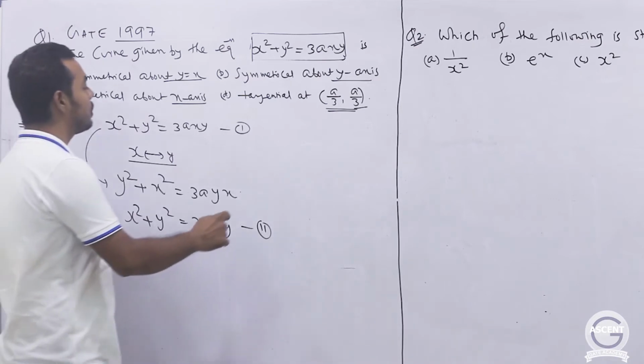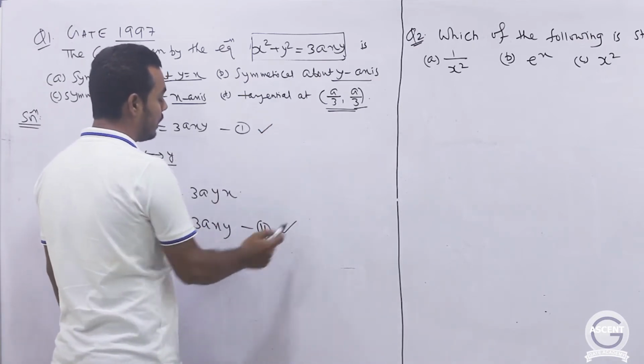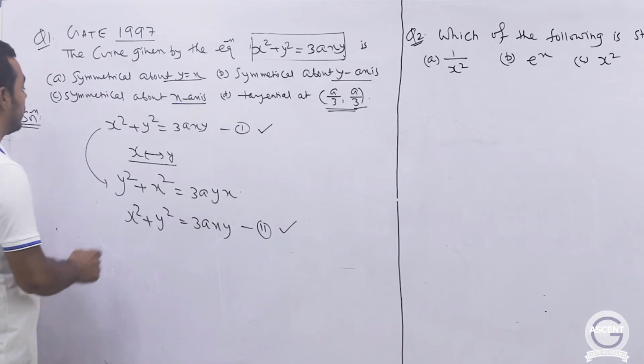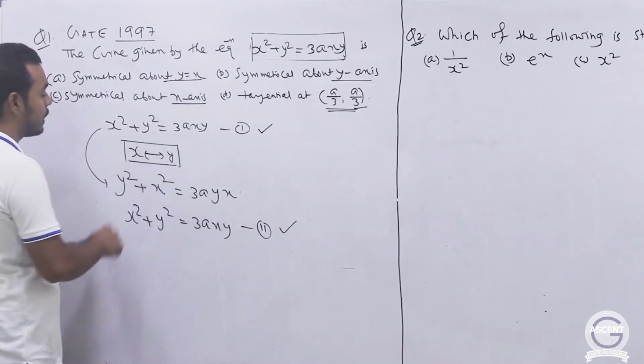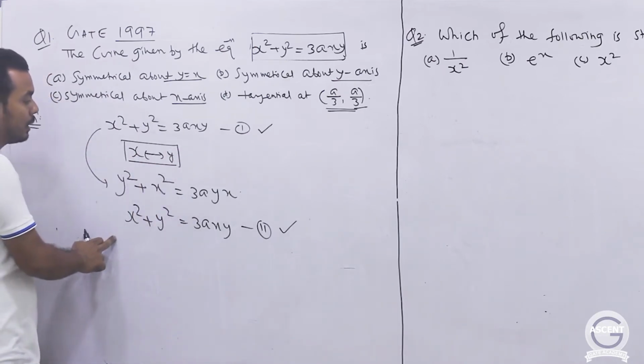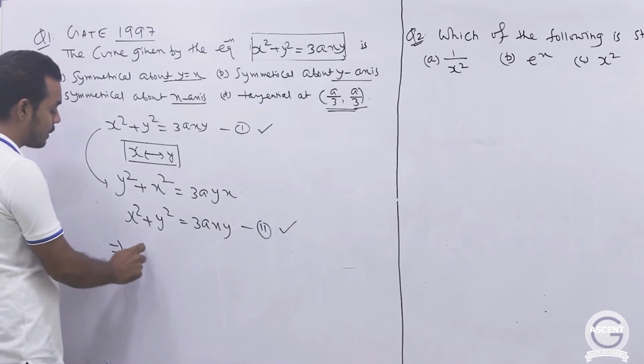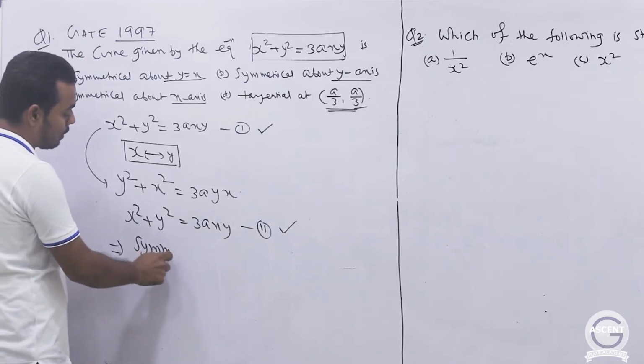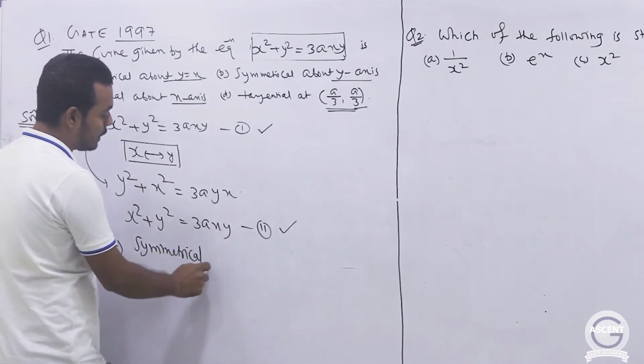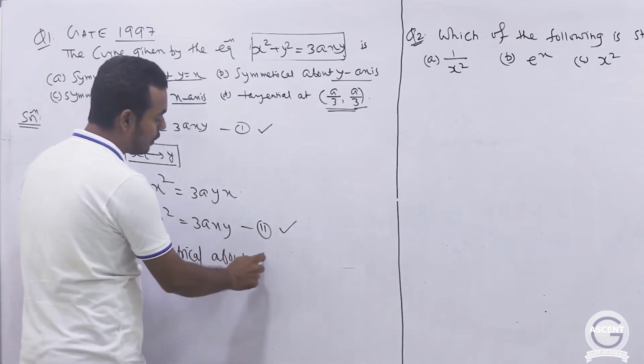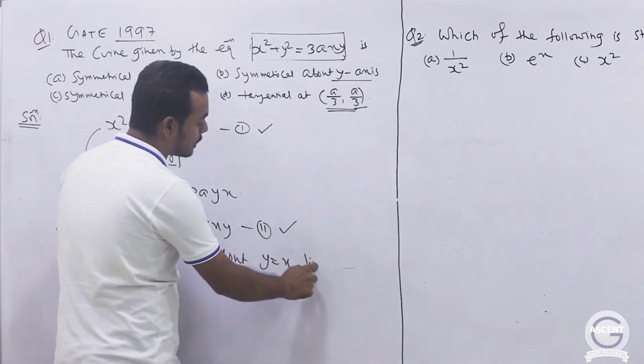You can see that these two equations are identical, exactly the same equation. So even if we interchange x and y, we get the same equation, which implies that this function is symmetrical about the line y equals x.